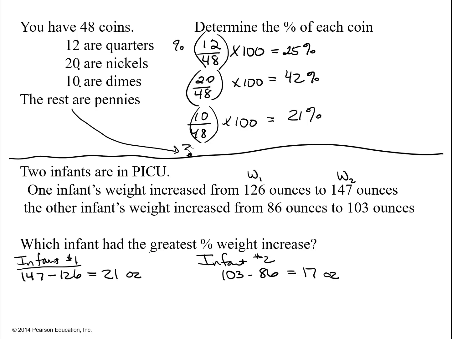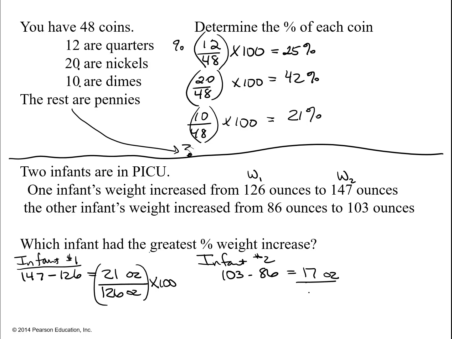But if I was wondering about a percent, I want to compare that 21 ounces to how much baby 1 weighed to begin with. So how much did baby 1 weigh to begin with? 126. Take the change in the weight compared to how they weighed initially, and multiply this answer times 100. What do I do for baby 2 to figure out their percent weight increase?